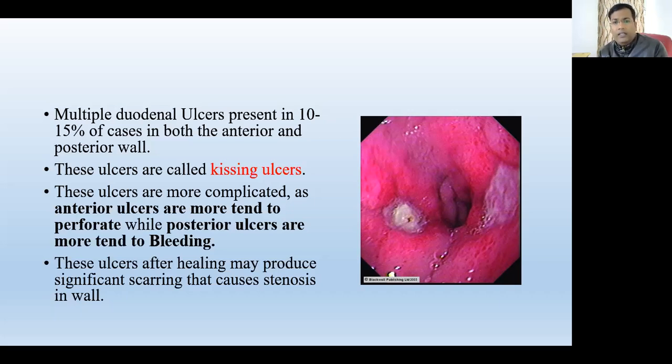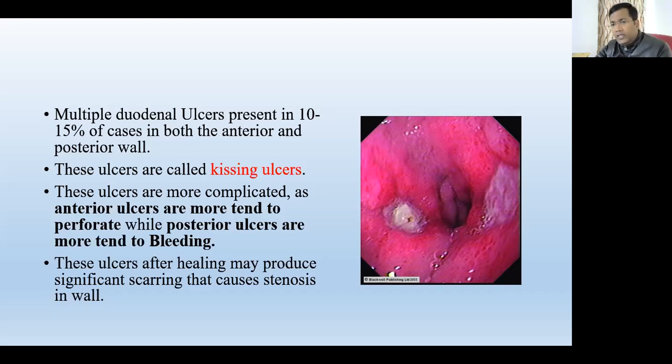While anterior duodenal ulcers tend to perforate in later conditions, in the chronic stage, rather than bleed. So if the duodenal ulcer perforates, there is more chance it is present in the anterior wall, and if the duodenal ulcer is bleeding, there is more chance it is in the posterior wall.